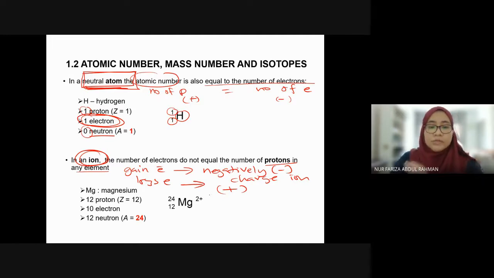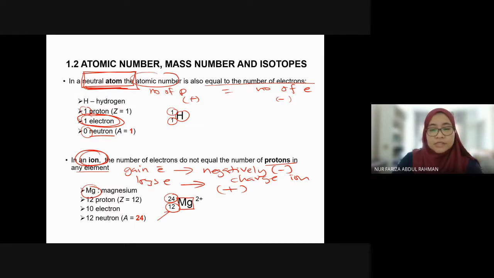So how do we represent this ion? We have magnesium. Magnesium can be represented by using Mg. We have the mass number and atomic number for the element.